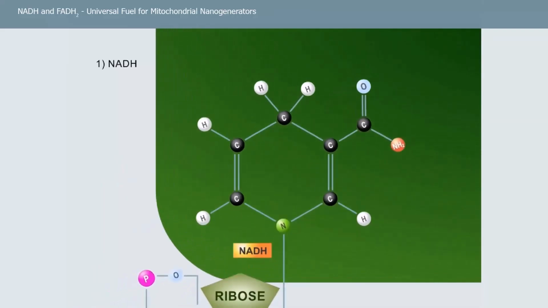The energy is given away in the form of 2 high-energy electrons. Nicotinamide adenine dinucleotide, abbreviated as NAD+, then leaves for another load of energy that it obtains from the chemical metabolic reactions coupled with the reduction of NAD+ to NADH.